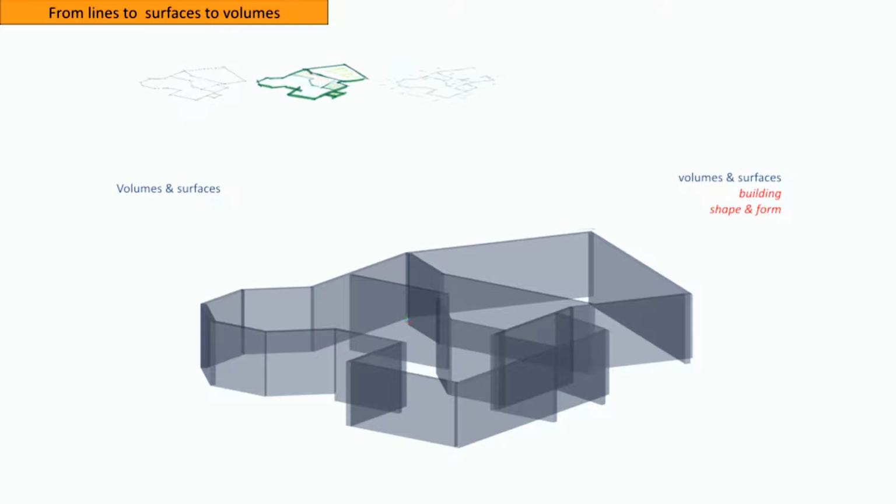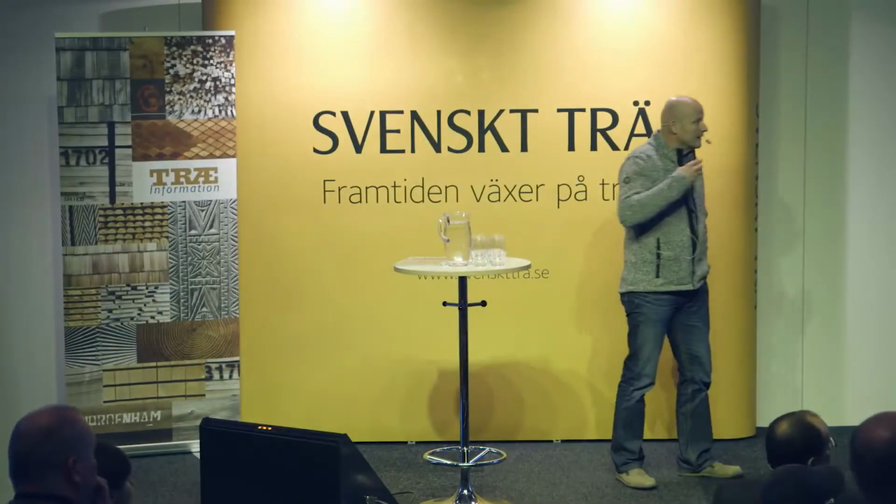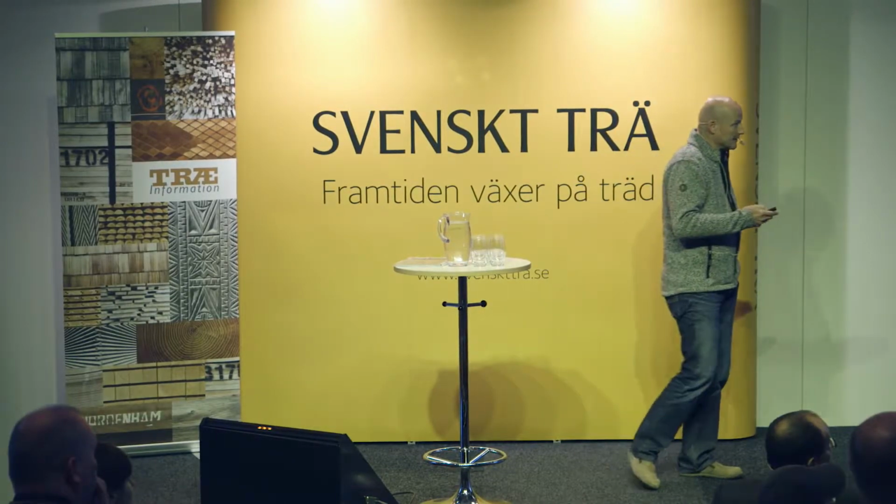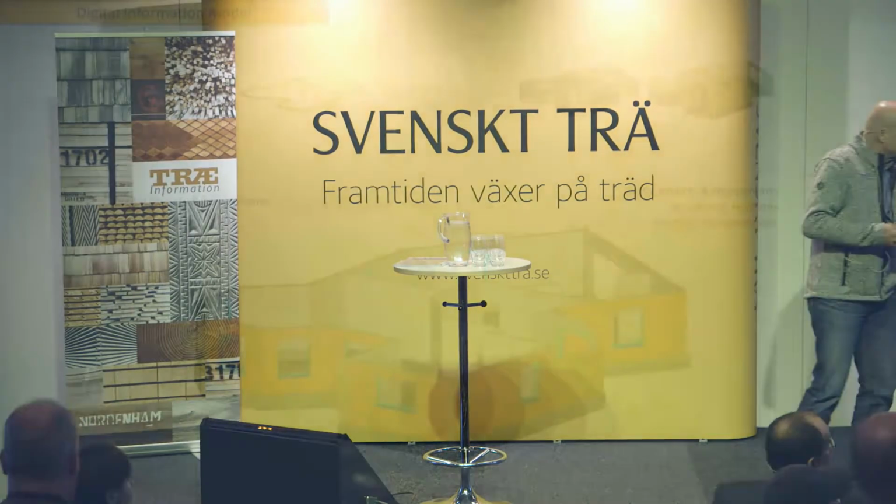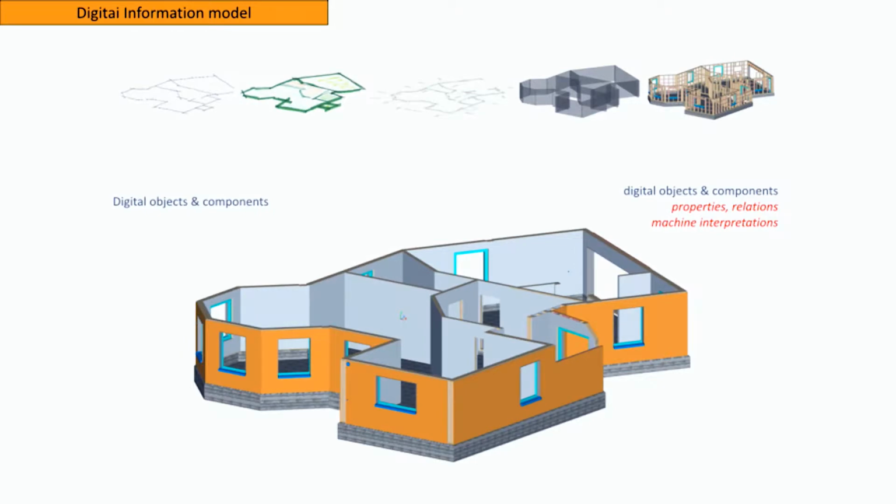So the room for interpretation is getting smaller and smaller, even with all these materials, if you have properties, relations, and machine interpretations. So the danger of making mistakes got smaller and smaller and smaller.